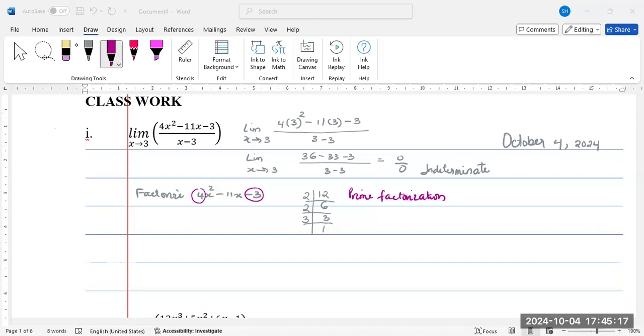The methodology is I'm multiplying the coefficient of x squared by the constant. 4 times -3 equals -12. I am not going to be prime factorizing -12. I'm just going to be prime factorizing 12.